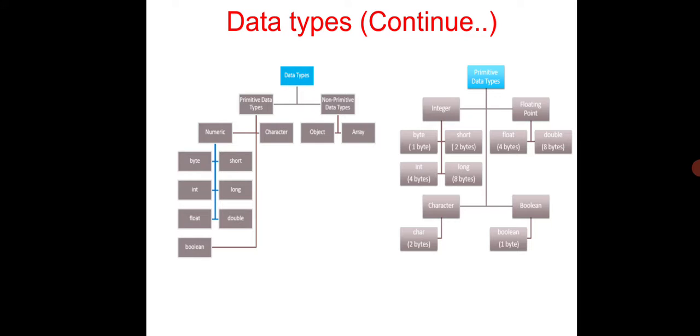If you want higher precision compared to float, you can use double. If I want the highest value in integer, you can go with long, which is allocated 8 bytes. Character has 2 bytes, and boolean has 1 byte, with a true or false value.